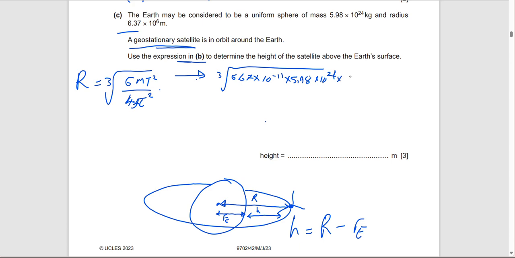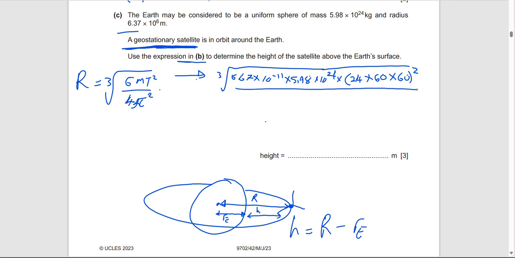multiplied by the period. Remember, the period of rotation for a geostationary satellite is the same as the Earth's period of rotation. And you know that the Earth's period of rotation is 24 hours, a whole day. So that is 24, but we want it in seconds. So we multiply by 60, that puts it in minutes, multiply by another 60, that puts it in seconds. Then we square that.